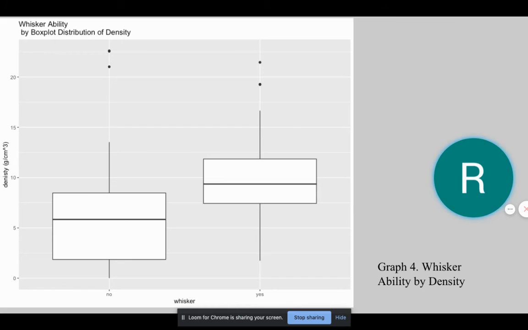And that's very intuitive because the elements that whisker are metals, but there are metals that don't whisker too. So it's an important variable when it comes to whisker. And I think it's pretty interesting.